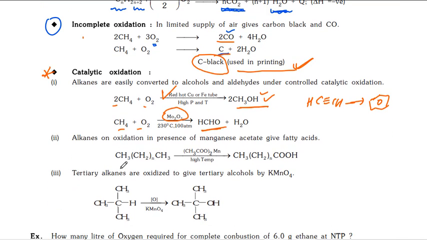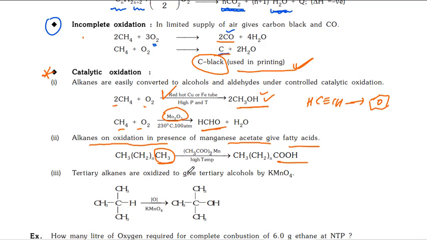Next, these reagents you have to remember. Alkanes on oxidation in the presence of manganese acetate give fatty acids. What's happening here? Just one of the terminal methyl groups converts into a carboxylic acid, and the remaining chain stays as it is.